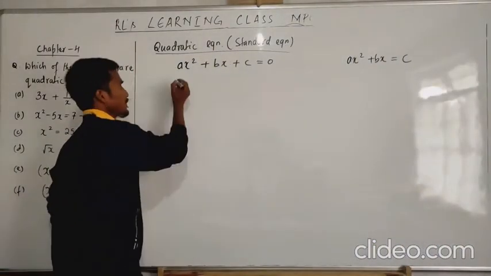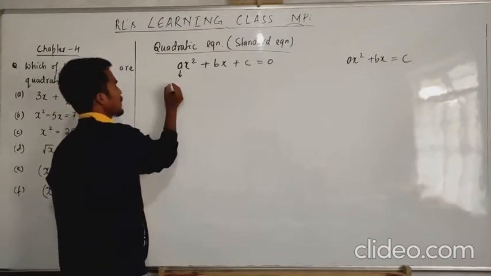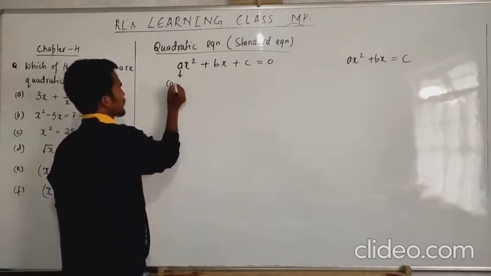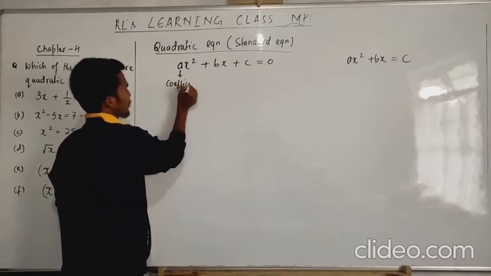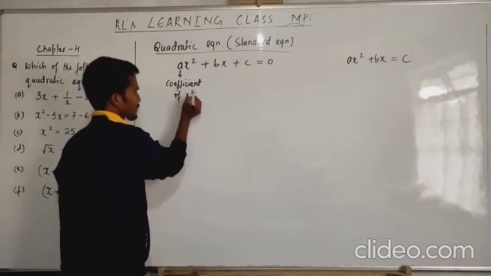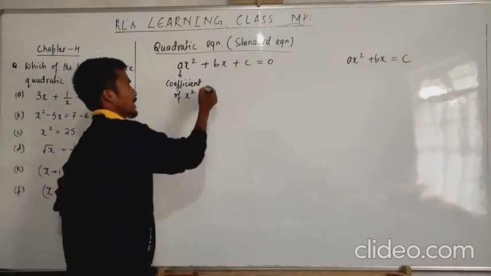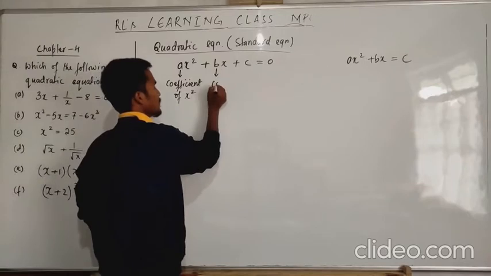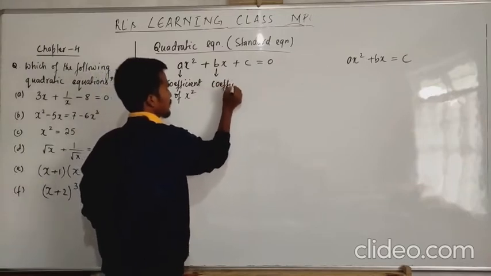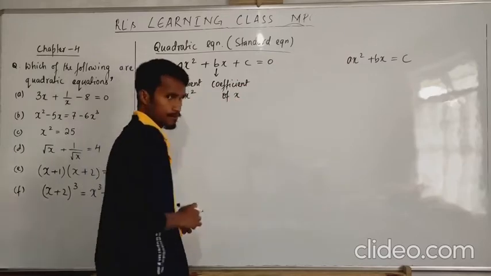And remember, this a will be the coefficient of x squared. This a will be a constant value. Then this b will be the coefficient of x.